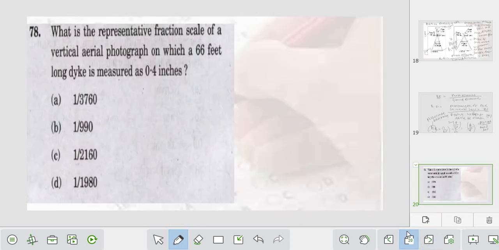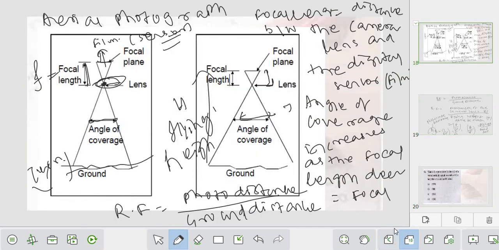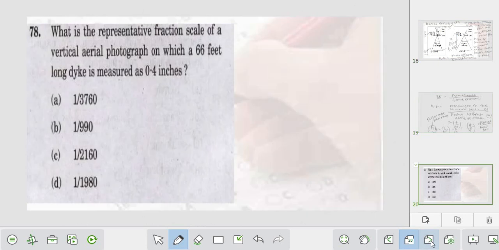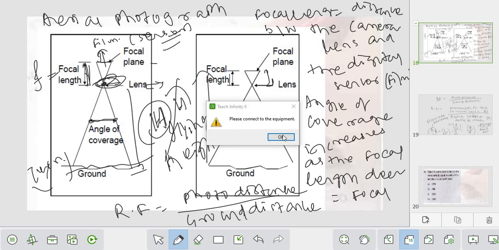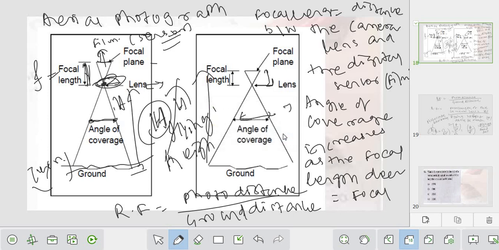Okay, hope so clear. Okay, so this is the focal length and height. height मतलब क्या है पता है? एक्चुअली height का मतलब क्या है? Flying height: distance between the camera and the ground. Okay, so this is the camera, not this. Okay, so this is the h part.